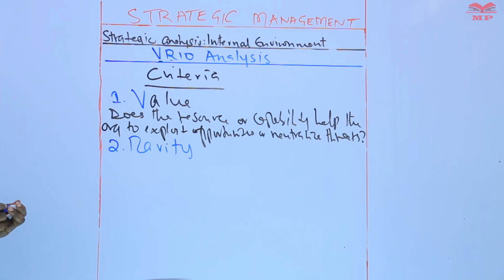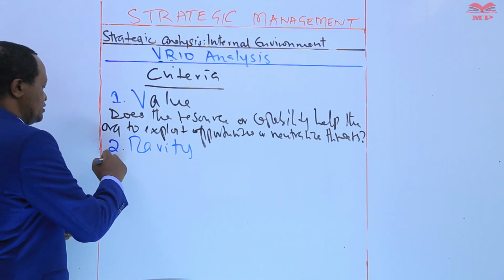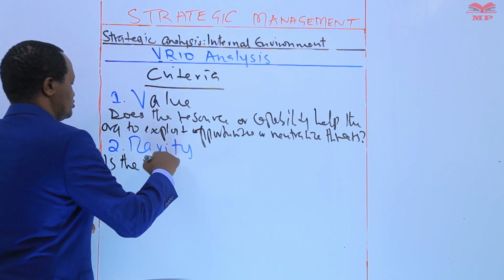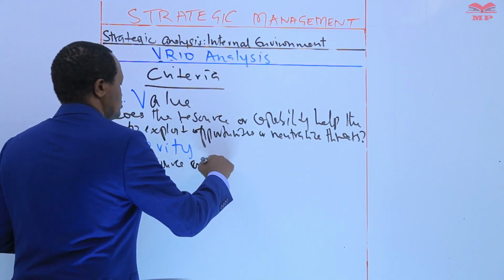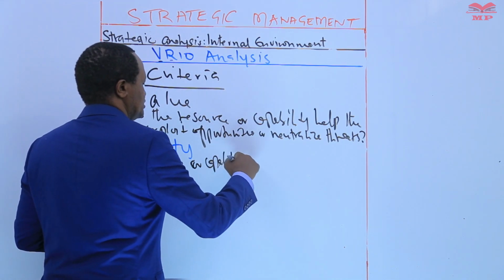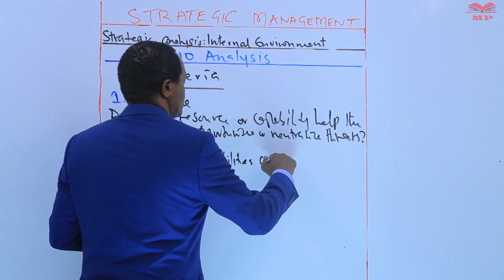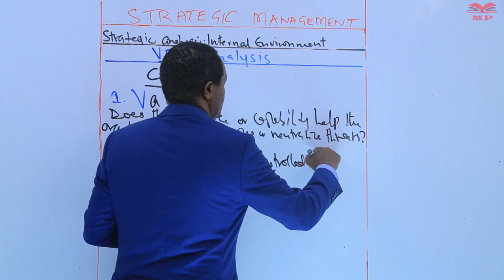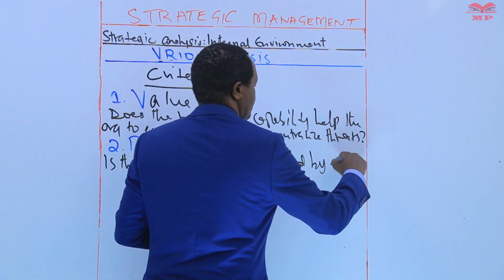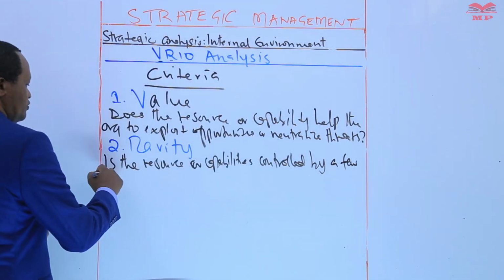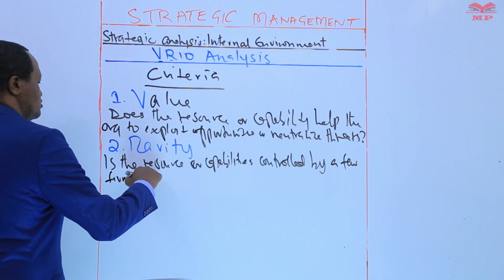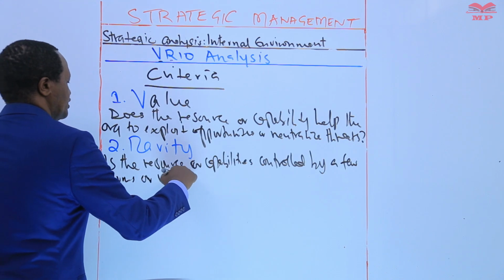The question that is answered here is, is the resource or capability currently controlled by a few firms or no other firms?